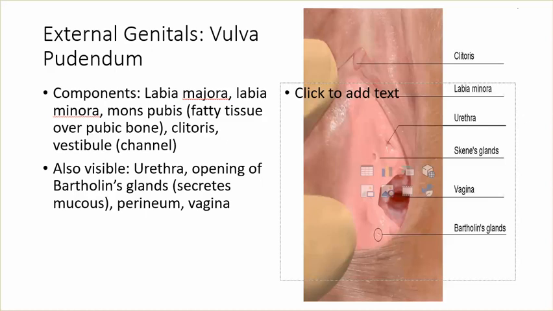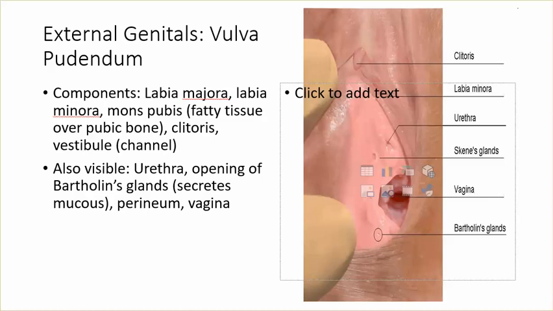The labia minora is a hairless skin that is analogous to the shaft of the penis. If you were to take the two labia minora and join them together and make a tube, it would be like a penis.